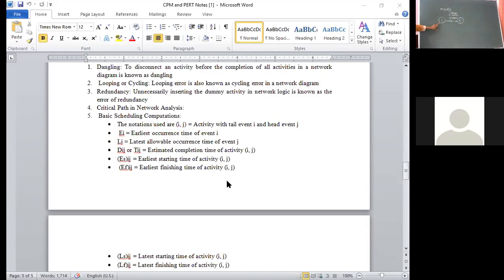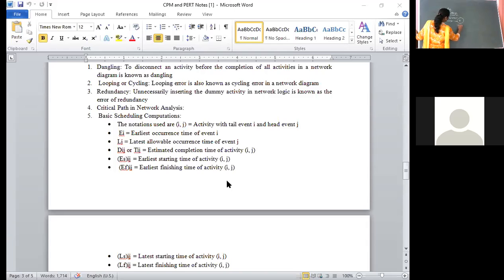Every activity that starts at an event is called the tail event. This means the initial event is called the tail event. Where it ends is the end event. Most of the time, 99% of the cases from this chapter, problems will come. Theory is not expected, but anyhow we will do it.